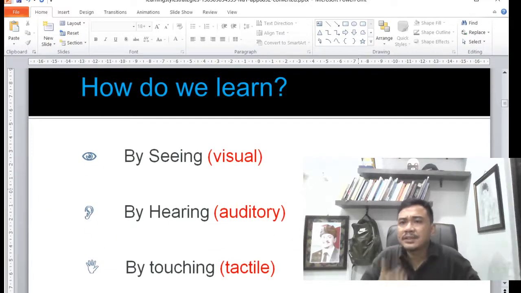So how do we learn? There are at least three ways of learning. The first one is by seeing, or visual.